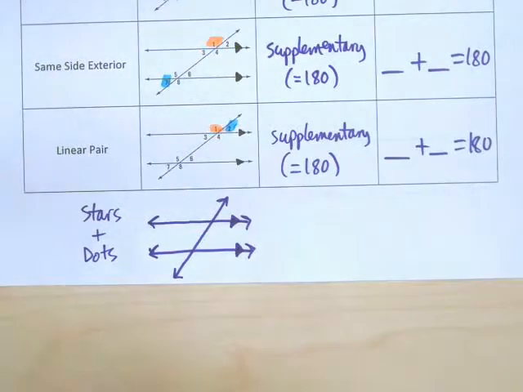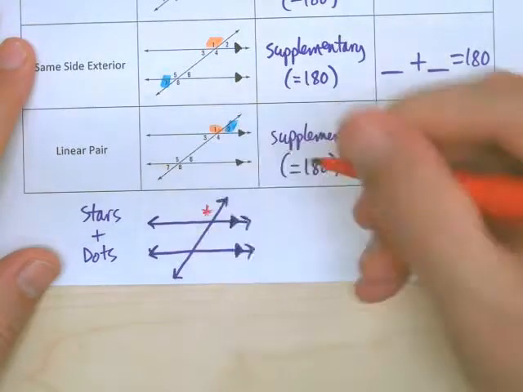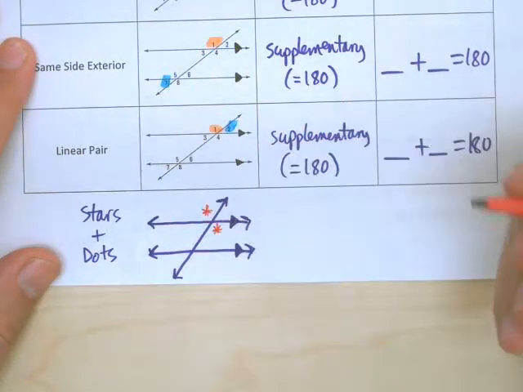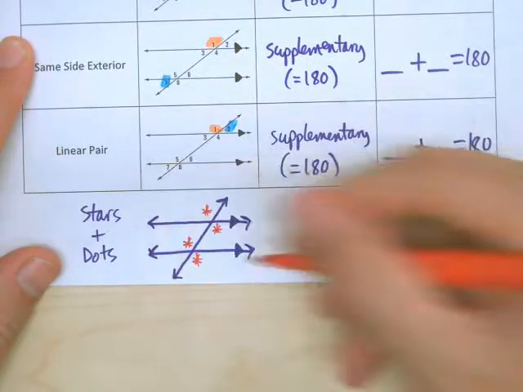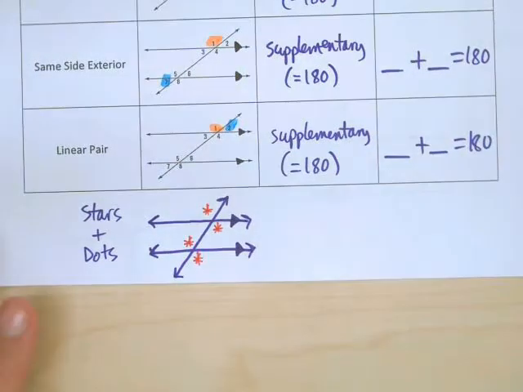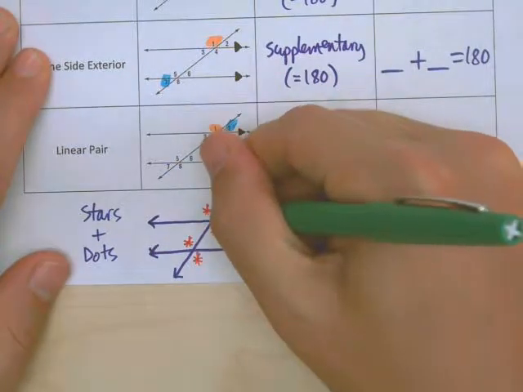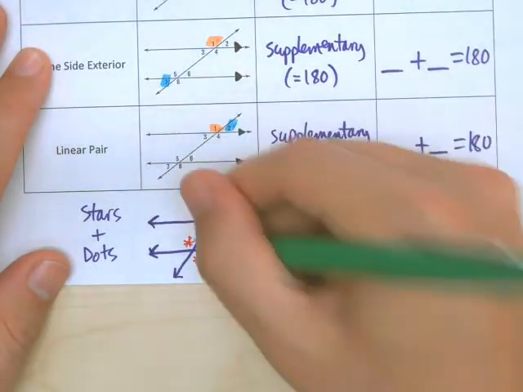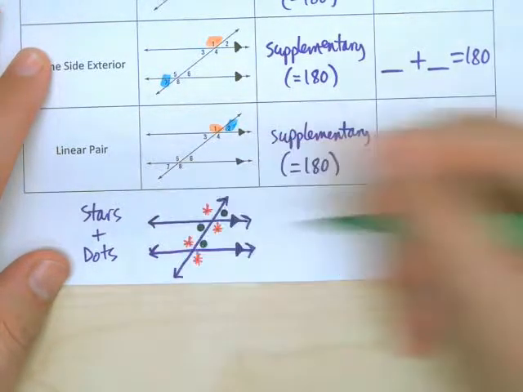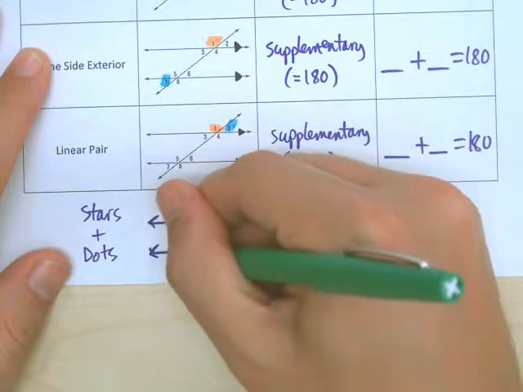So I'm going to draw a star here, a star there, a third star here, and a fourth star there. And I'm going to draw dots here, here, here, and here.